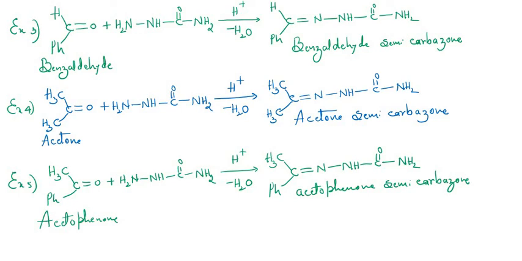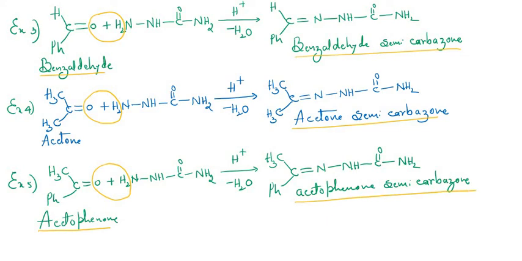So in the next 3 examples I have taken all the examples here, students. Example 3 is with respect to benzaldehyde, right? So when it is treated with semicarbazide, there is a loss of a water molecule, H2O, and the product is benzaldehyde semicarbazone. In a similar manner, with respect to aliphatic ketone, that is acetone, it loses a water molecule here, and with the aromatic ketone, acetophenone, it will also lose a water molecule here, and the corresponding compounds are acetone semicarbazone and acetophenone semicarbazone.